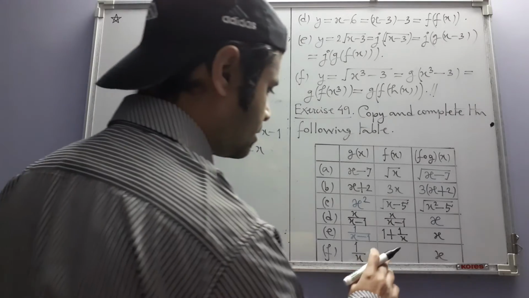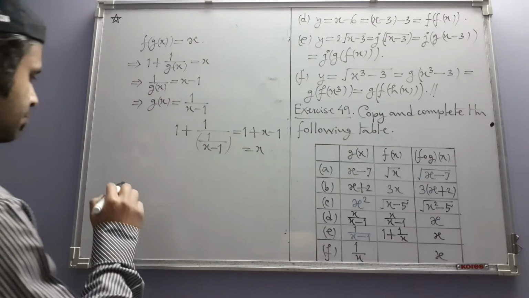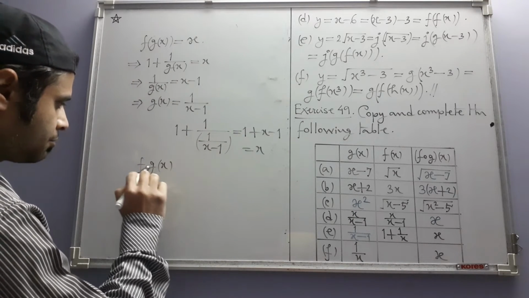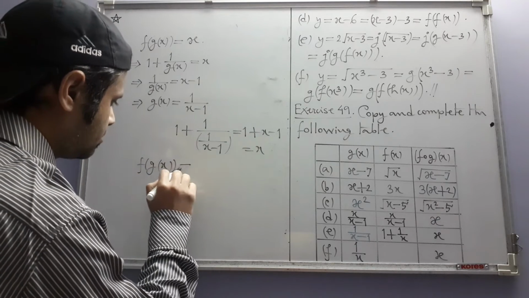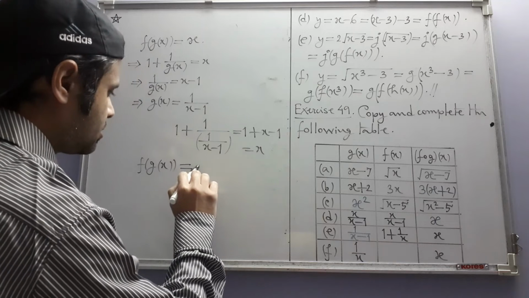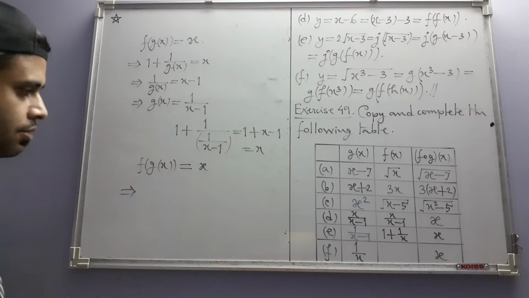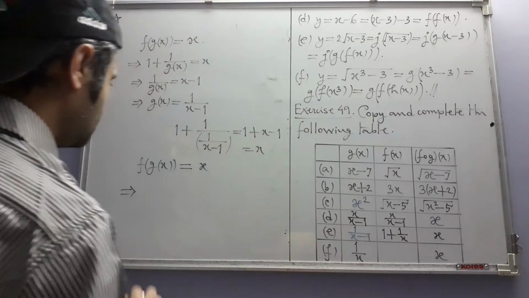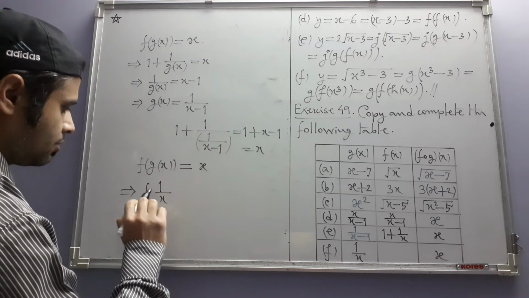And now in this last one we have to find f. Still we have f of g of x, but now g is known but f is unknown, and the final answer is x. g is given to be 1 over x.